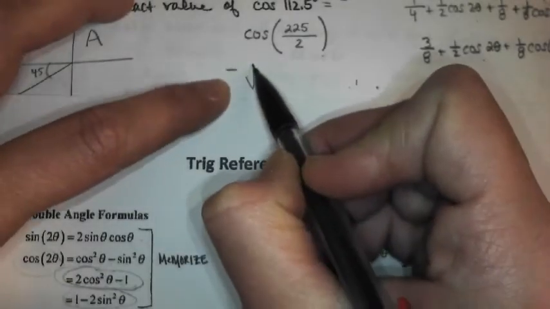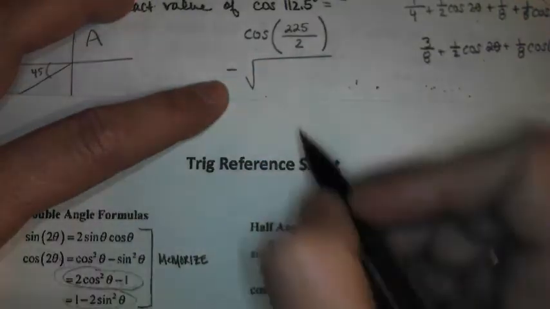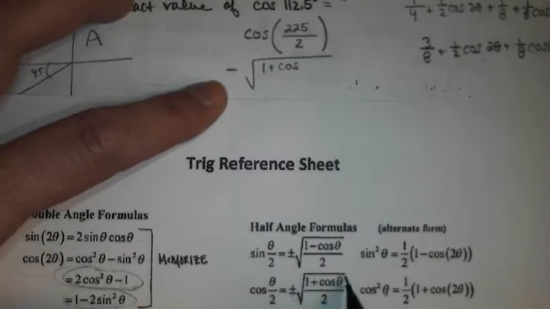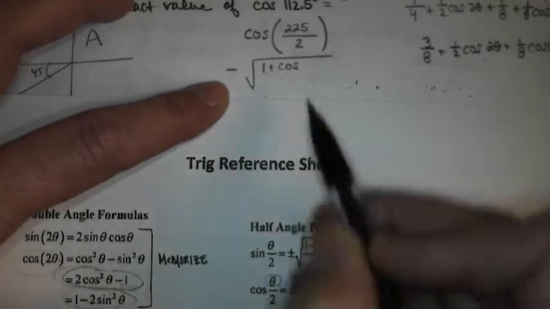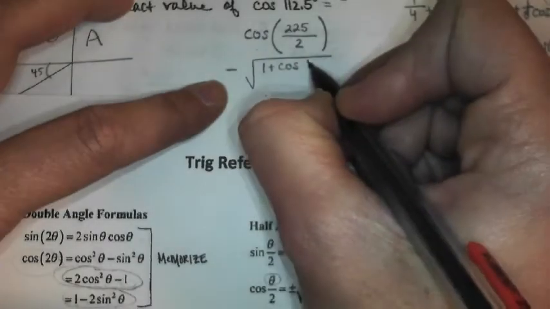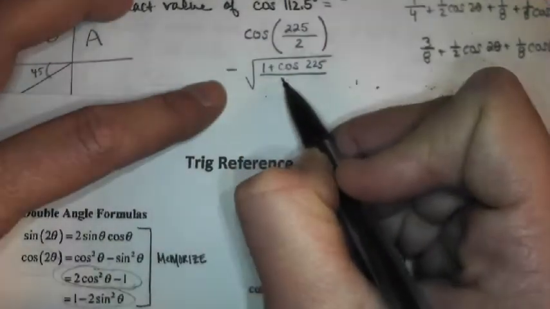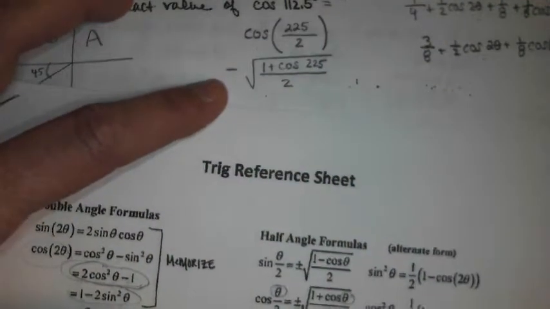Square root 1 plus cosine of, now theta is the numerator from when I'm dividing by 2. So what is my theta? 225 over 2. And that's what I'm going to now simplify.